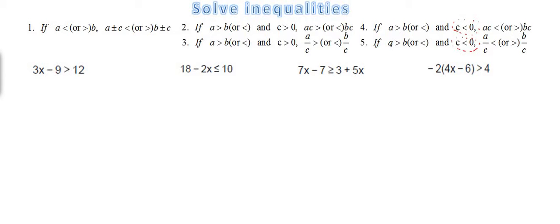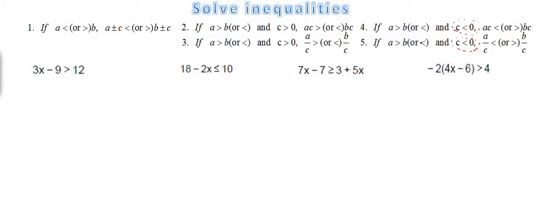Similarly, if A is greater than B, and C is negative, then we let both sides be divided by C, and the sign of inequality will change to the opposite one. That means if here is greater than, here should be less than.